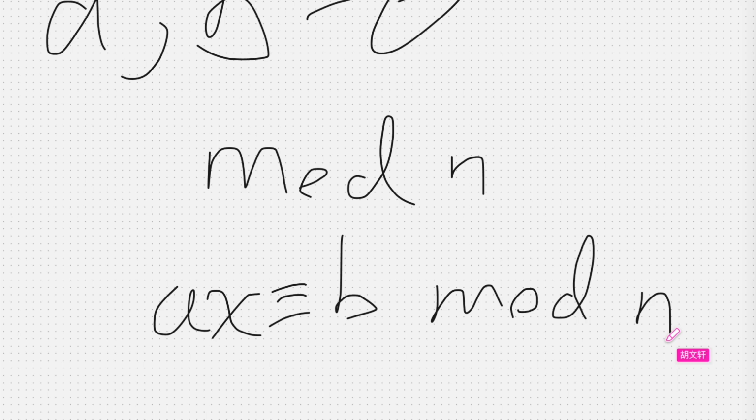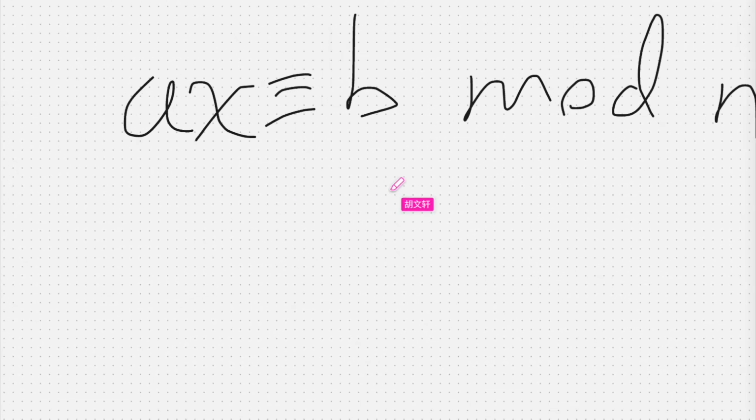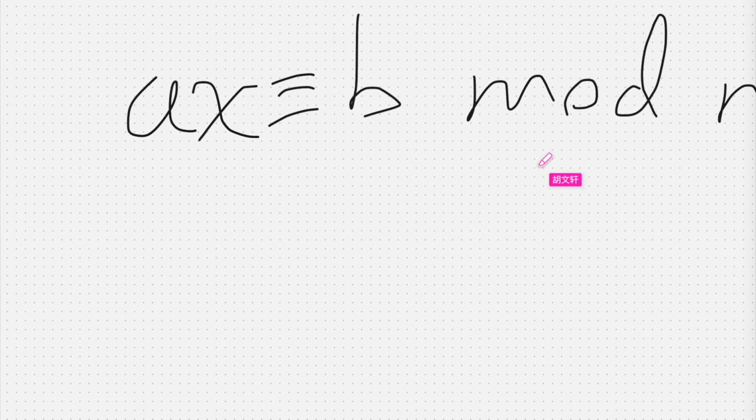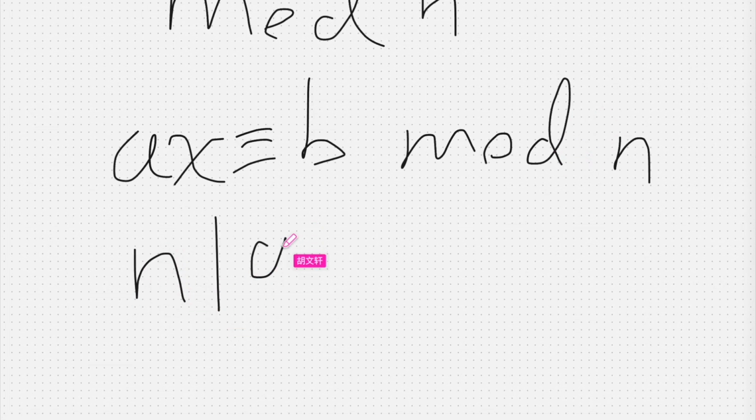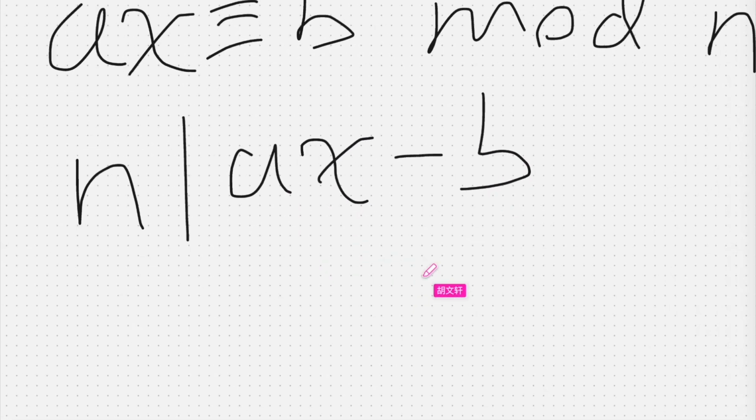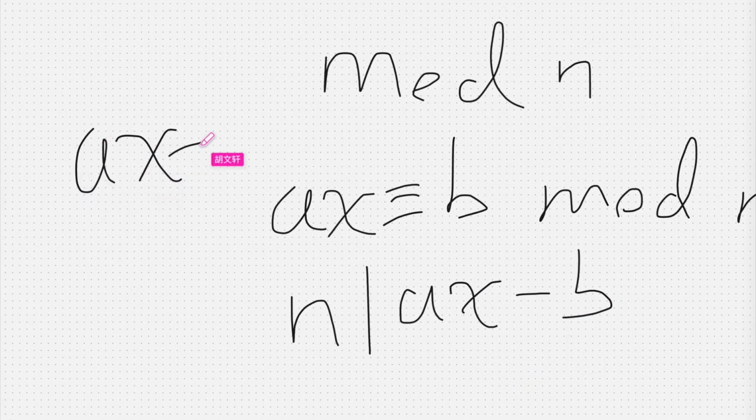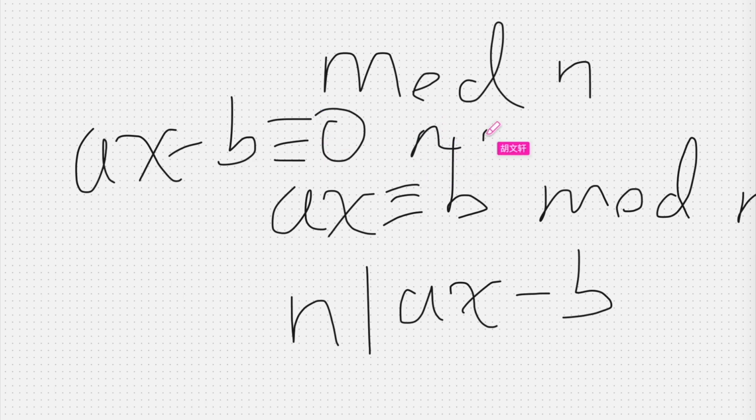Okay, so since b is the solution from modding ax to n, then we know that n divides ax take away b, because if we move b to the other side, we know that ax take away b gives 0 mod n, so it's a multiple of n. And let d equal the greatest common divisor between a and n. Then d divides n.